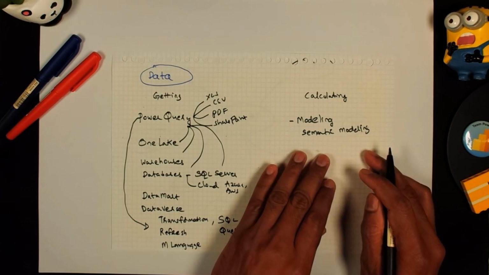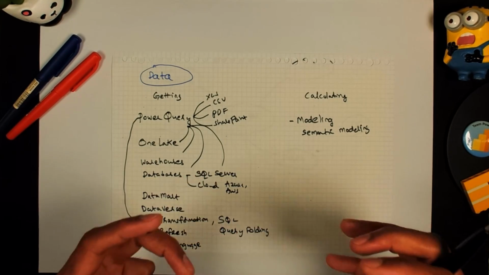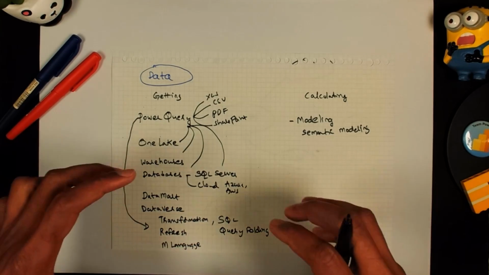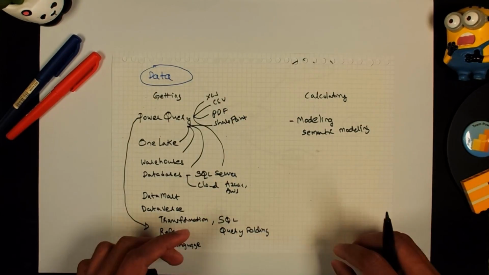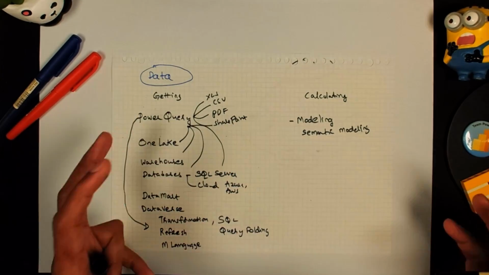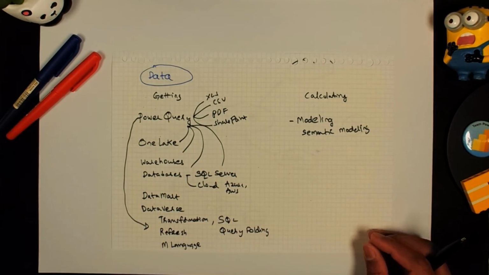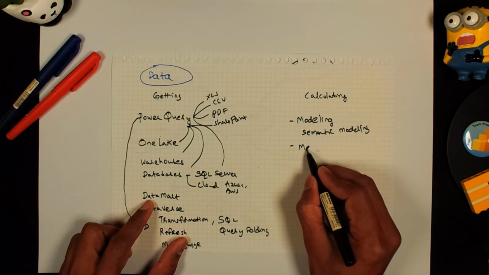There is more that goes into it, but at a high level, semantic modeling, or data modeling, or simply modeling, really means that given all your data items, you connect them to create a complex picture of the data. So that's semantic modeling. Then the next word that you hear is measures.